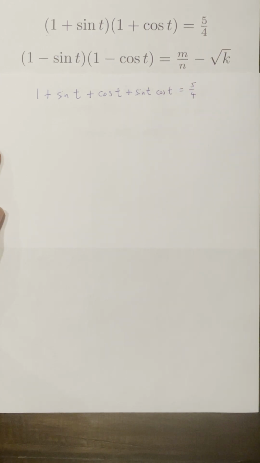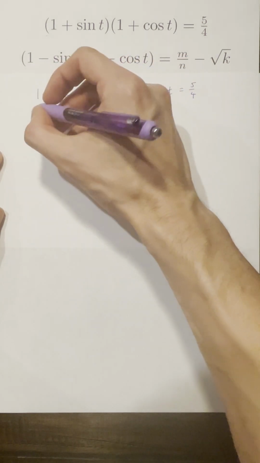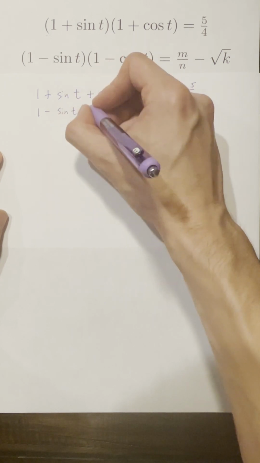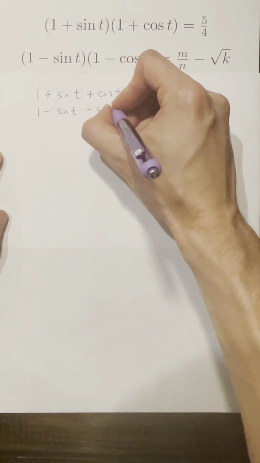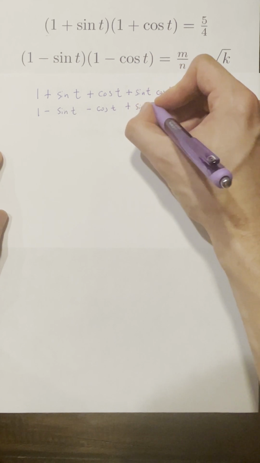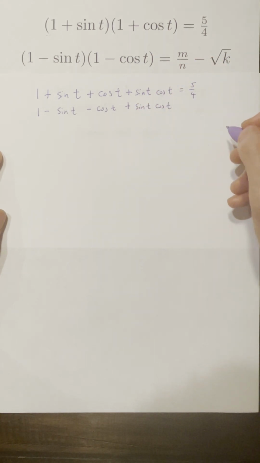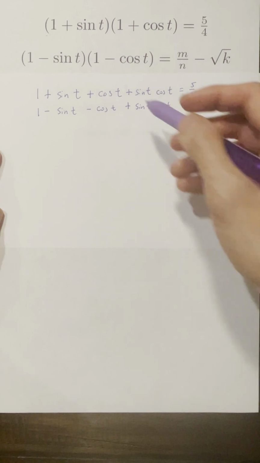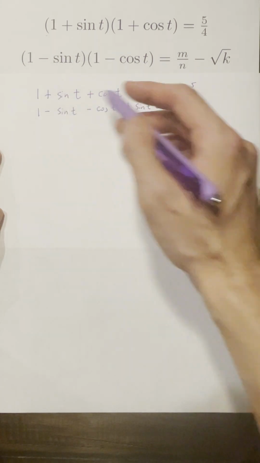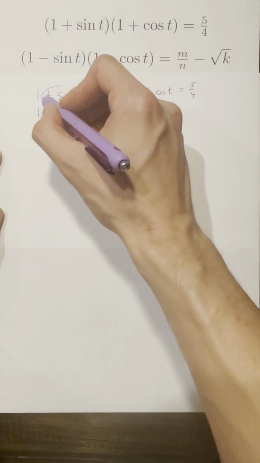What would the second one be? The second expression is going to be 1 minus sine t minus cosine t plus sine t times cosine t. Okay, now what's different when we compare this and this? The only thing that changes is this.